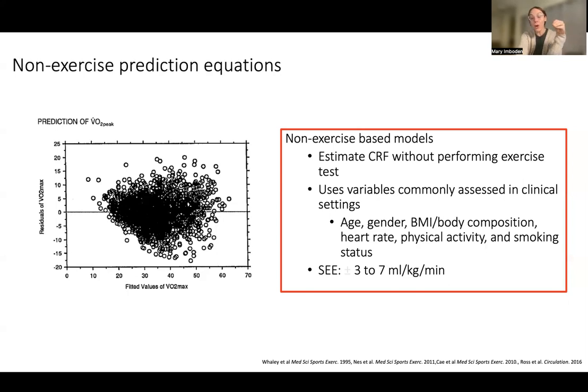And then as a result, speak to the patient about their VO2 and the importance of exercise, right? So there might be more opportunity for conversation, even though there's a lot of error with it. It does make it very, very simple and opens up opportunity to talk about the importance of physical activity and exercise with patients.